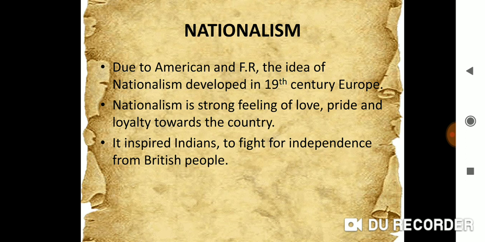And when nationalist feelings developed among the common people of India, they were also inspired by this concept of nationalism, and started a movement to fight for independence from the British. So nationalism played a very, very important role in developing these feelings among the common people.